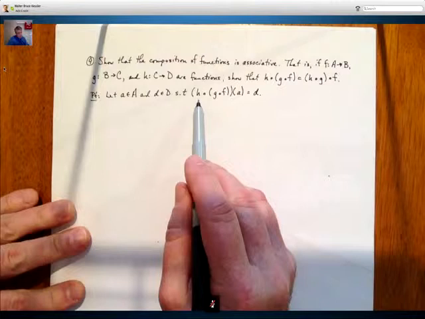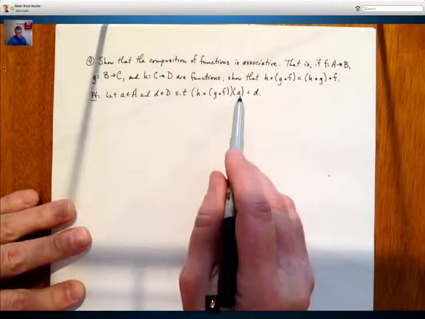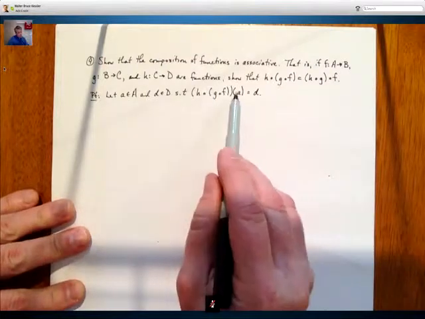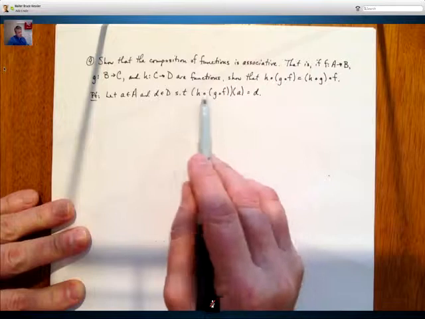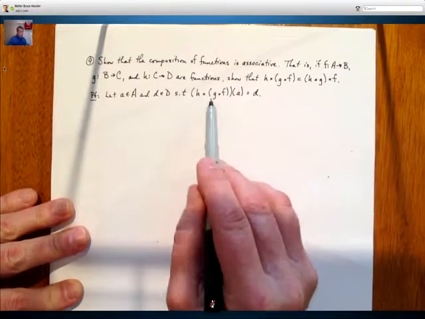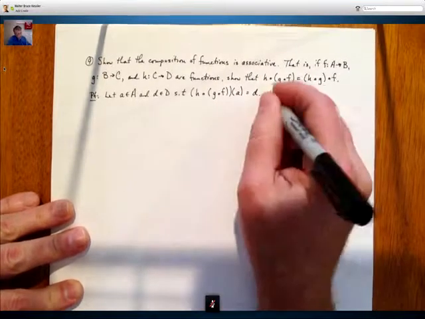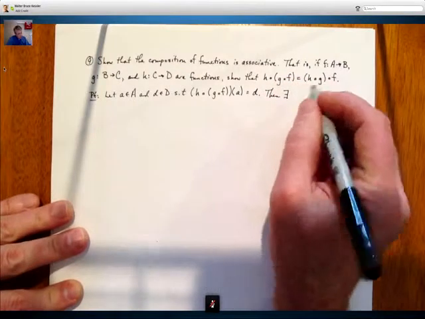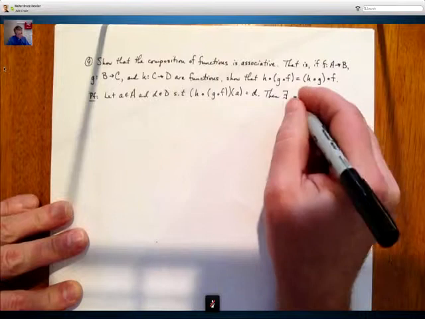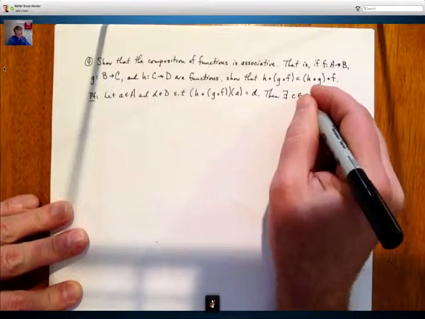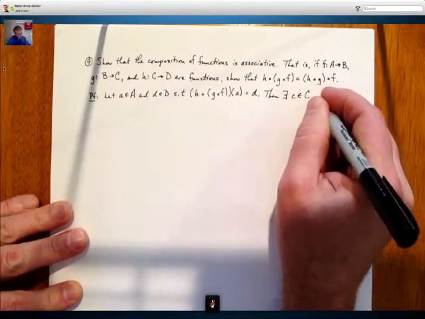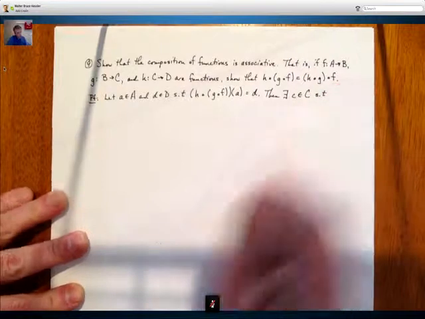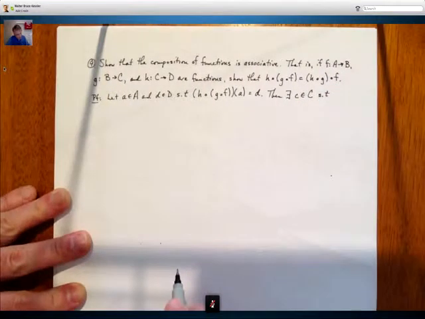Well, if we compose things and get from one end to the other, I start with a and I get all the way over to d, this composition means there was something in between, right? So then there exists, and h actually starts with C, so I'm going to use a lowercase c, an element of big C, such that two things happen.